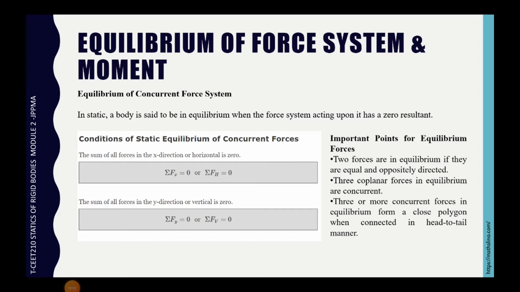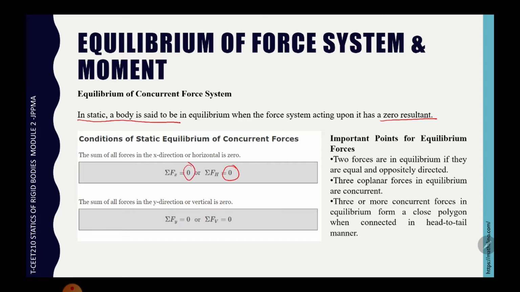The equilibrium of concurrent force system in static, a body is said to be in equilibrium when the force system acting upon it has a zero resultant. So, the sum of all forces in the x direction or horizontal is equal to 0.